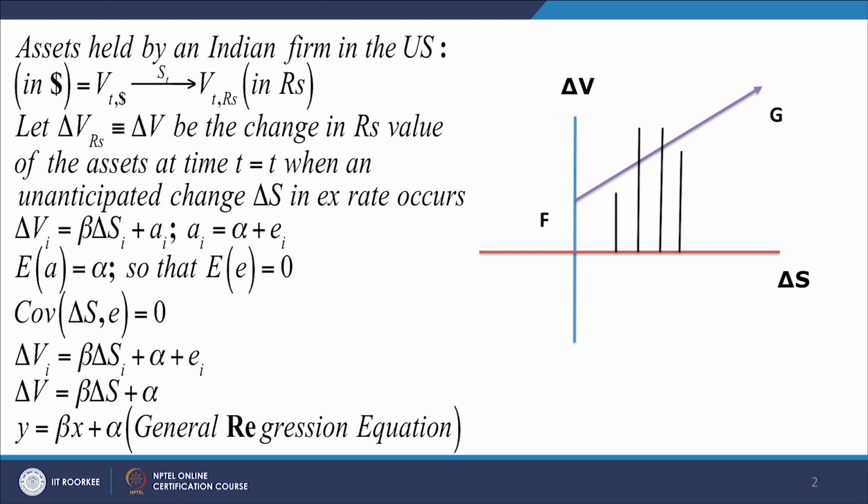Delta V I or delta V is equal to beta delta S plus alpha plus E I. This is called the regression equation. This E I represents the randomness about the mean value, and this represents in some sense the equation of this line. In what sense, we will talk about in the next slide.